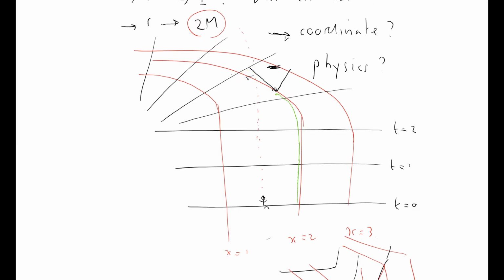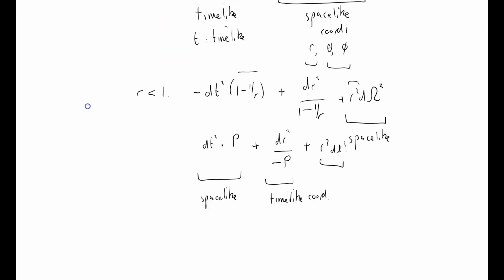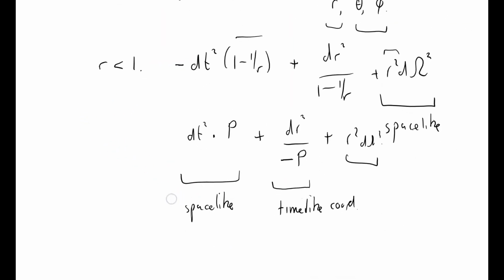So what's happened here is that the identity of the coordinate system in terms of space-like and time-like coordinates has been altered by this line turning over. And we've got the same here. For r less than 1, t is a space-like coordinate, and r is time-like.